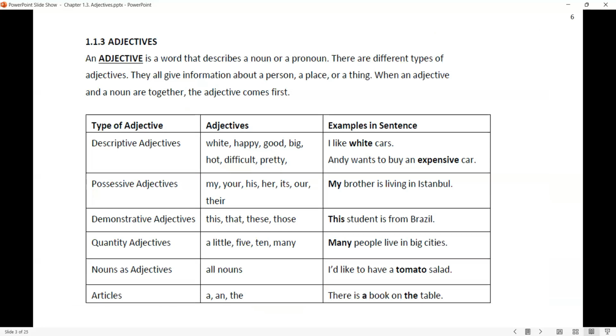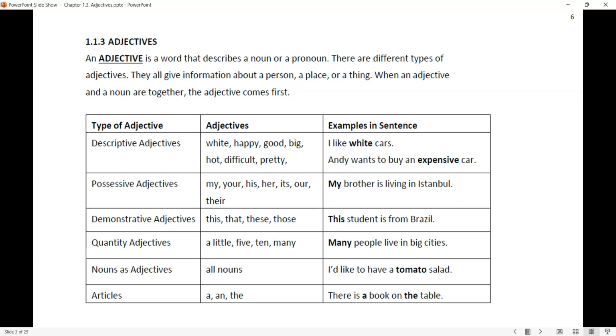The other types of adjectives that we have in our book are descriptive adjectives, possessive adjectives, demonstrative adjectives, quantity adjectives, nouns as adjectives, and articles. We covered articles before, so in this video I'm not going to talk about the articles. And let's read the sentences at the top.